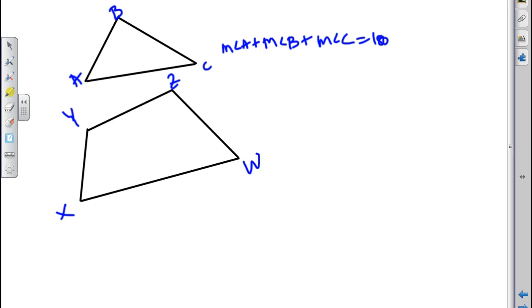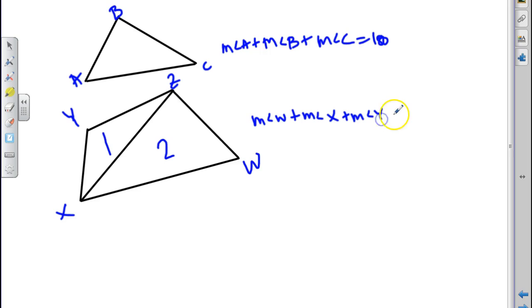If we think about this as how many triangles could there be in this quadrilateral? If I draw just one diagonal, how many triangles do we have? Two triangles, which means the sum of the measures of the interior angles in a quadrilateral have to add to be 2 triangles.